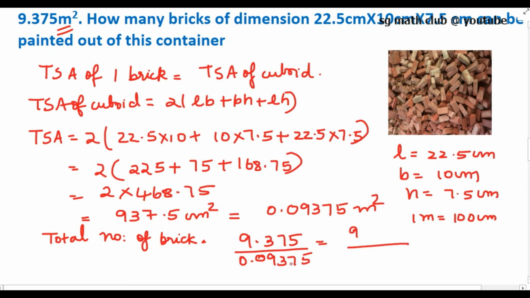So I have to multiply by 5 digits, so that my decimal will get shifted to the right side. The same way 5 digits here also I have to multiply. So the answer is 100 bricks, the total number of bricks that can be painted is 100.